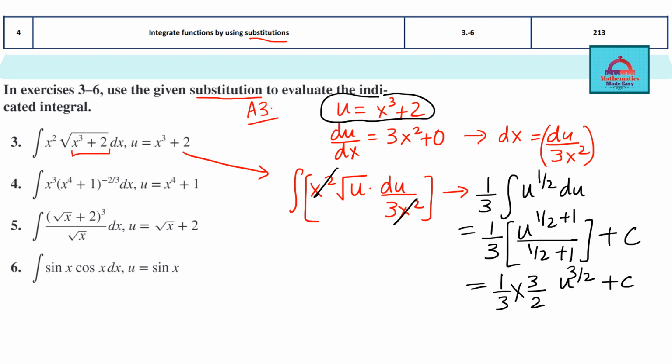Now here the denominator 3 by 2 would be in the reciprocal, so in the next step we are going to change the reciprocal. So this becomes 2 over 9 u to the power 3 by 2 plus c.